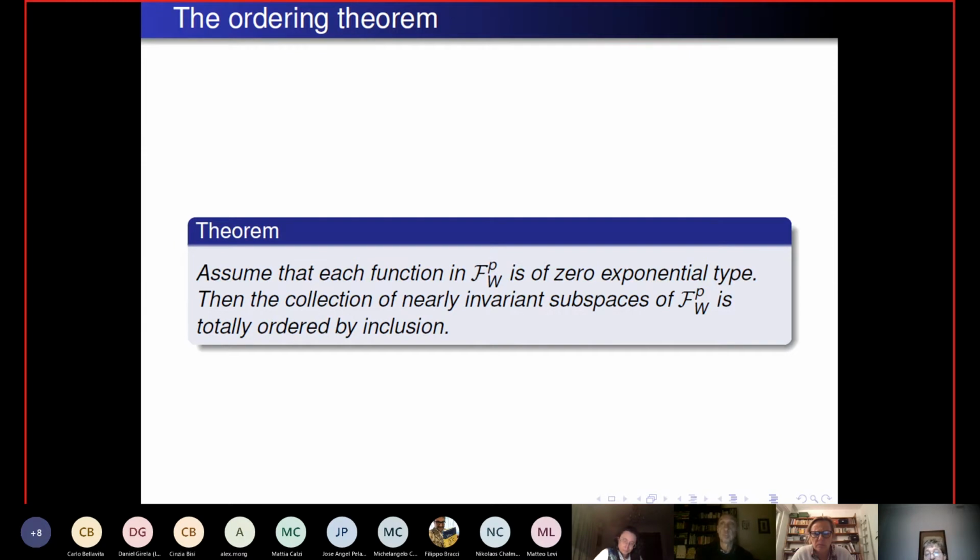If we are in a weighted Fock-type space which is small in the sense that all the functions have zero exponential type, so they grow slower than e to the mod z, then the collection of all nearly invariant subspaces is totally ordered.